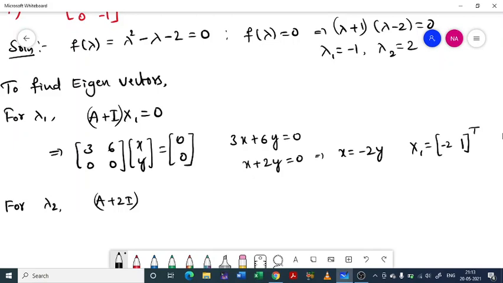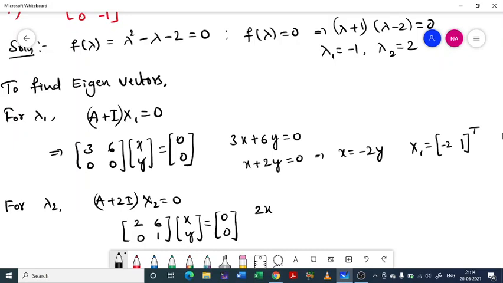Next, for A plus 2I, adding 2 we get [4 6; 0 -1 plus 2, which is 1] times (x, y) equal to (0, 0). So from this we got 2x plus 6y equal to 0 and y equal to 0.